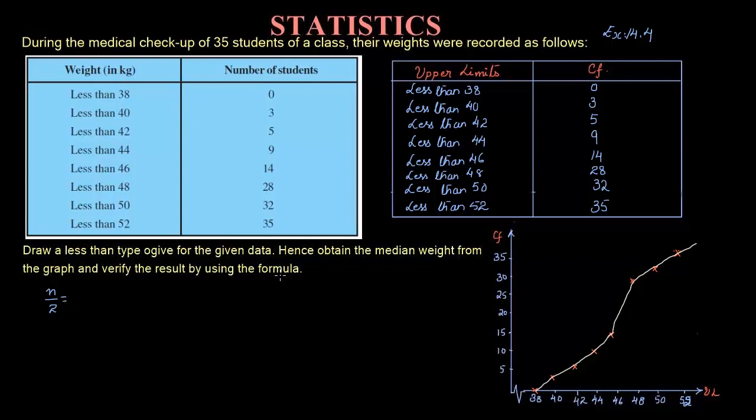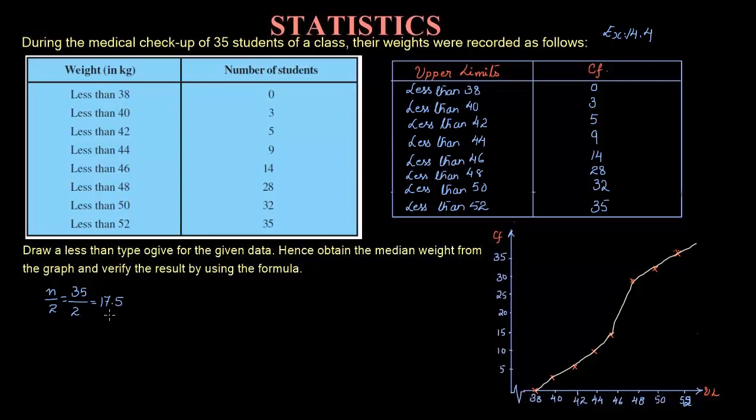What is n? n is the summation of fi, and I have already discussed the summation of fi will always be equal to the last term of the cumulative frequency, that is 35. So 35 divided by 2 equals 17.5.